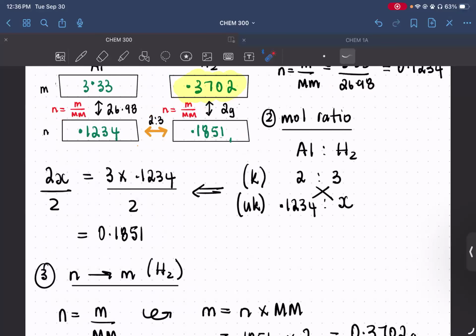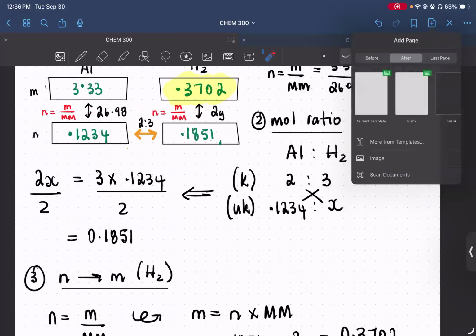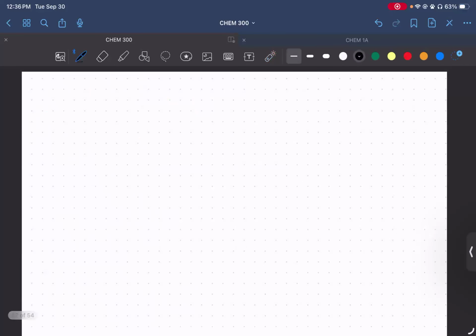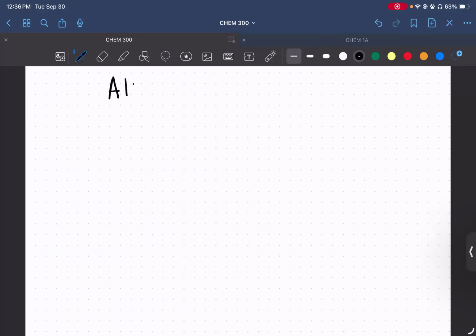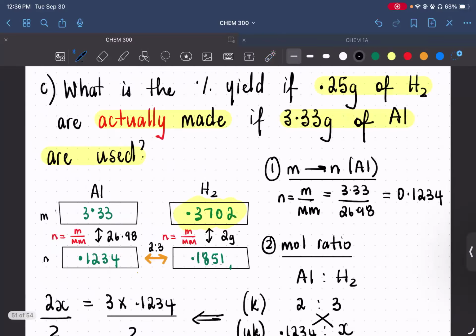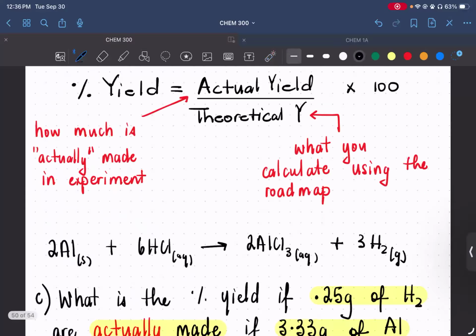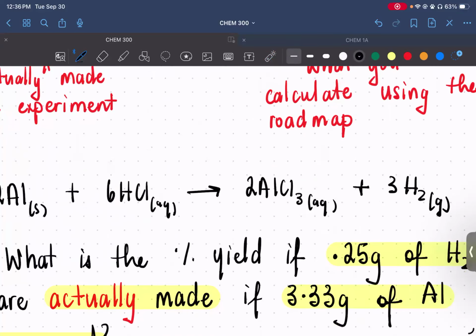To understand a little bit more about how we use this mathematical ratio approach, we want to understand that when we're comparing two things, the example right here was aluminum and hydrogen, the ratio between the two comes from the balanced equation. That's something we have over here, right?